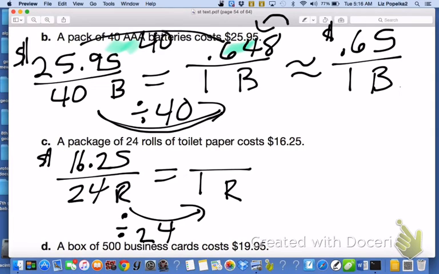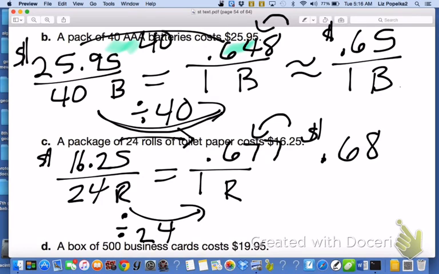If I scaled the bottom down by 24, I've got to scale the top down by 24. So 16.25 divided by 24. I'm just going to write the first few decimals here. It's 0.677. That 7 is going to round up. So that means it's going to be 68 cents per one roll for my unit rate.